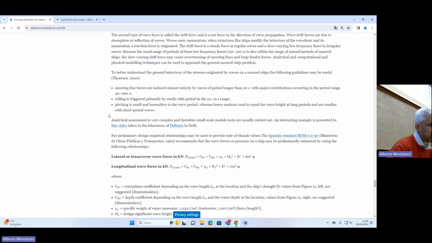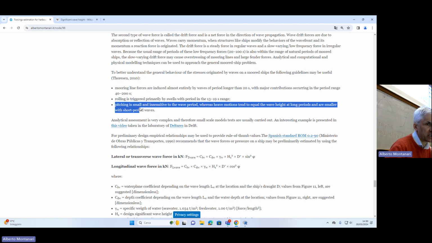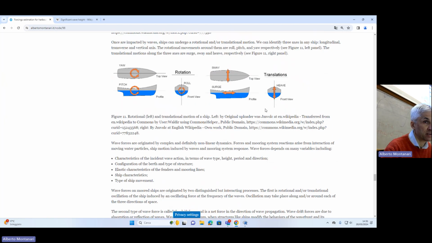Now, pitching is small and insensitive to wave period, actually, whereas heave motion tends to be more sensitive to waves at long periods. Heave, remember, it's this one.